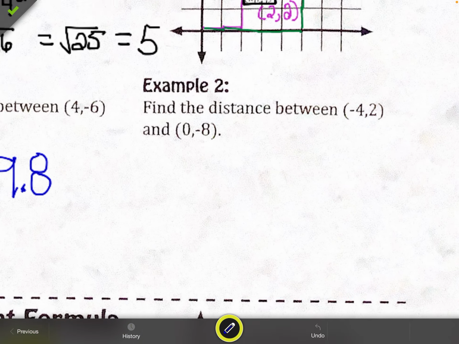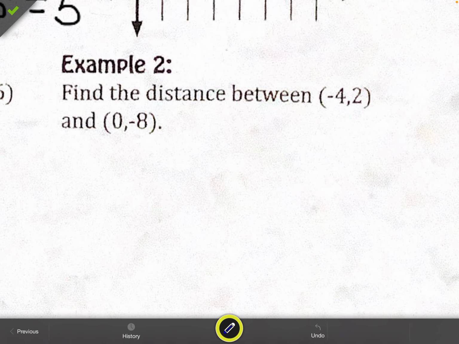All right, so you guys try this one. Negative 4, 2, 0, negative 8.